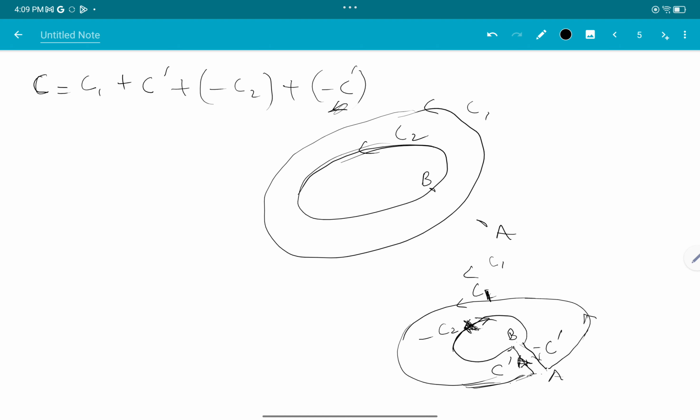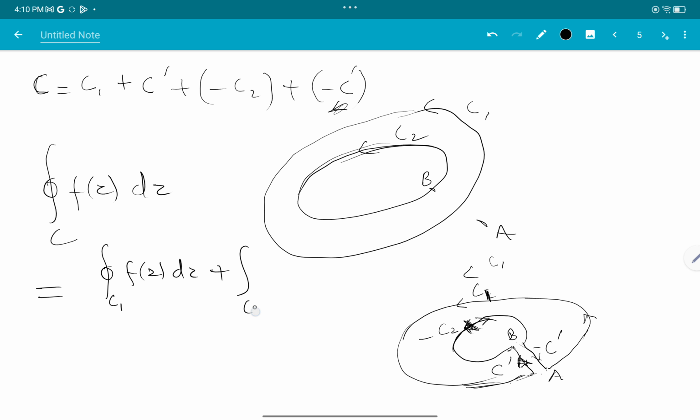Now we know that the integral of f(z) dz along this path C can be split into four integrals: integral over C1 of f(z) dz, plus integral over C dash of f(z) dz.